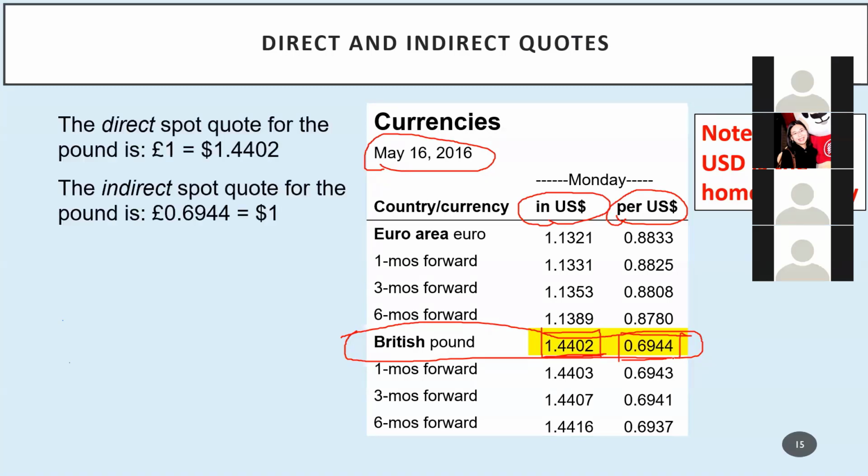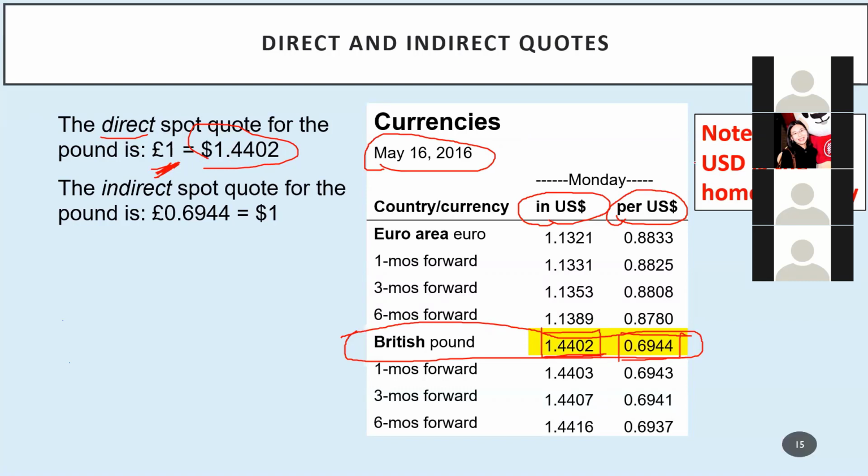Does that make sense? If we use the direct and indirect terminology, then we can say that the direct quotation is 1.4402. So we are pricing the foreign currency, which is the pounds here, in terms of the domestic currency, right?